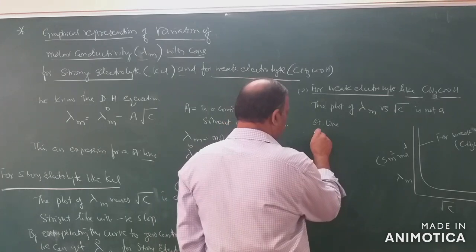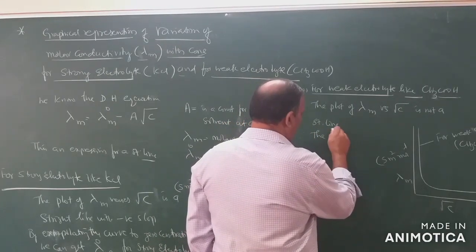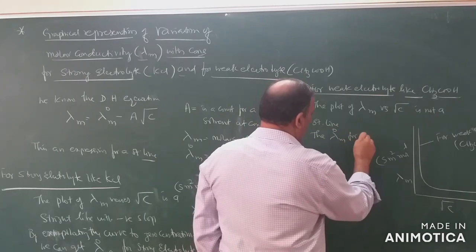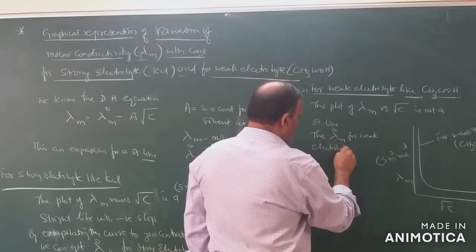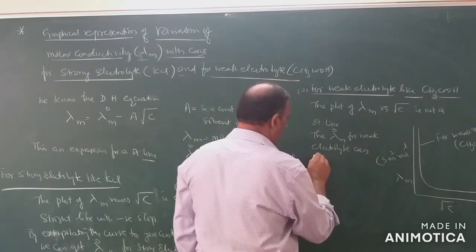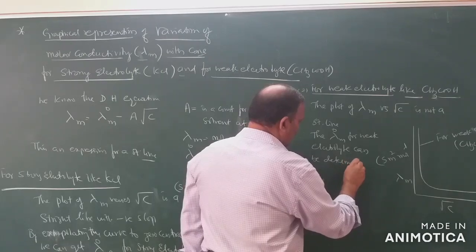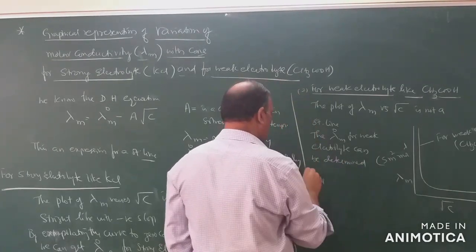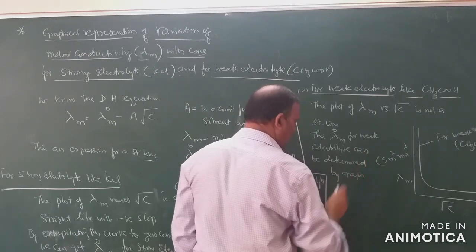Therefore, the lambda m naught for weak electrolytes cannot be determined by graph.